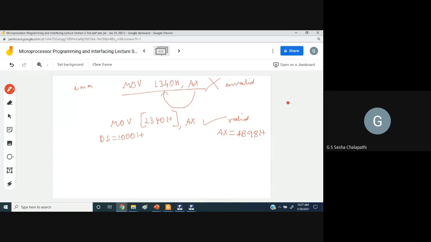Now what will happen is DS multiplied by 10H plus 2340H. This will become 12340H.